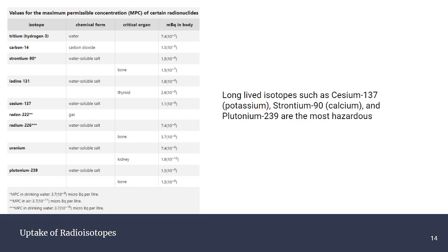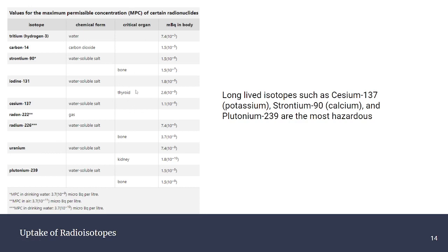So it's pretty important to know how these are going to get out into the environment and which areas are going to be affected. Because if you don't look at little things like that, a lot of people can die. And we have some of the critical organs over here. Strontium is bone, iodine, thyroid, radium, bone, uranium, kidney, plutonium, bone. So a lot of bone stuff.